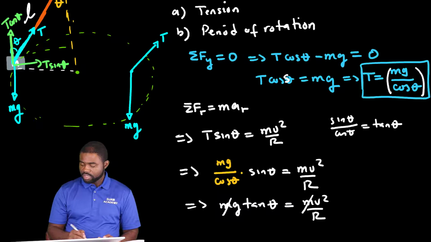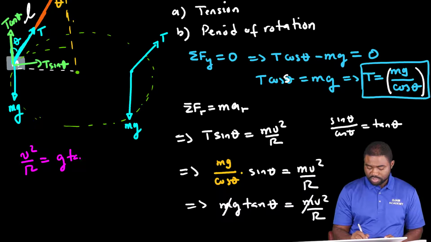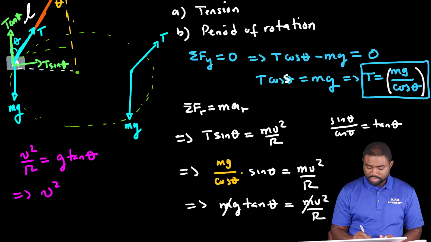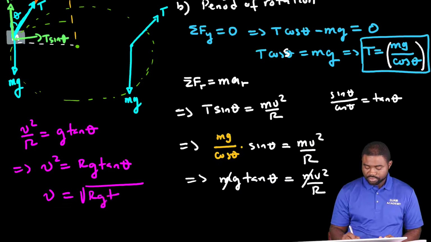And if that is the case, we then have v squared over r equal to g tan theta. This implies that v squared is equal to rg tan theta. In other words, v is equal to the square root of rg tan theta.